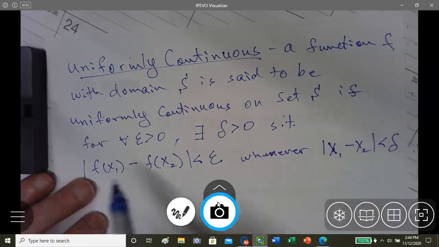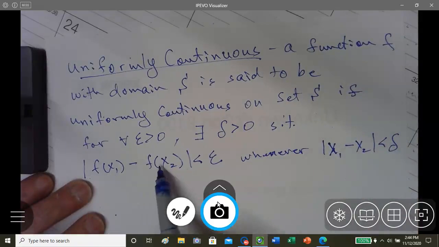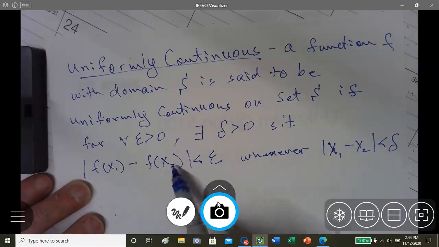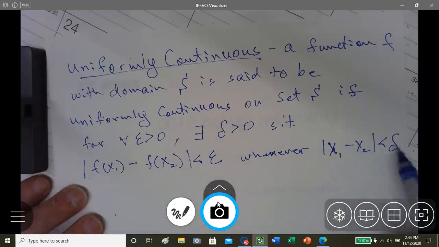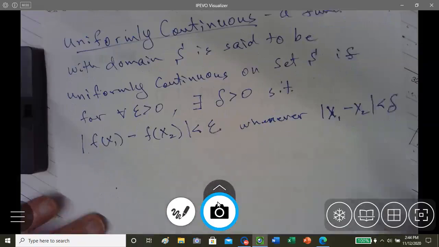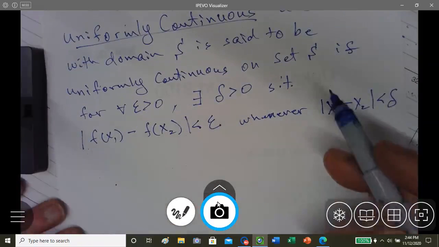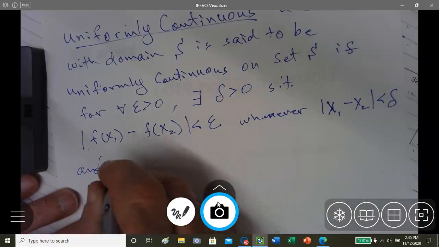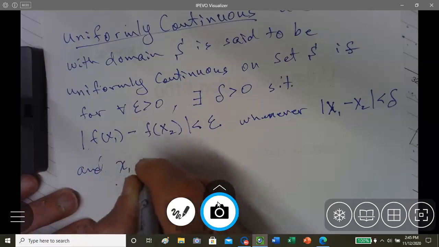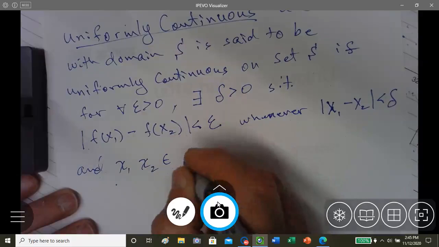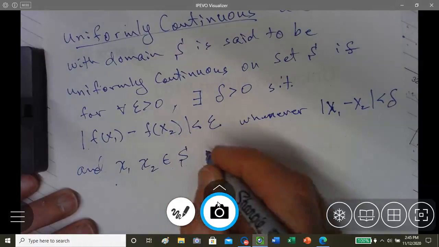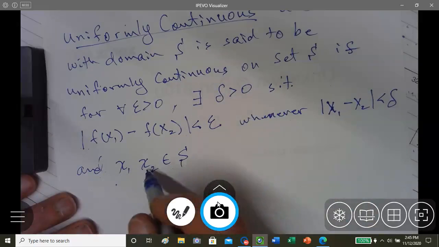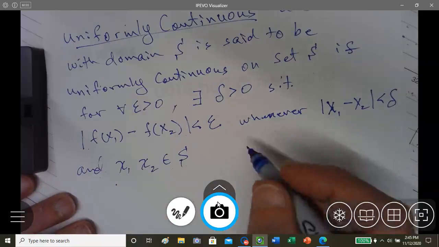Instead of f of x and f of a and x minus a, we used f of x1 and f of x2. And x1 and x2 are elements in set S. In the last problem, we would have put x and a are elements in set S.